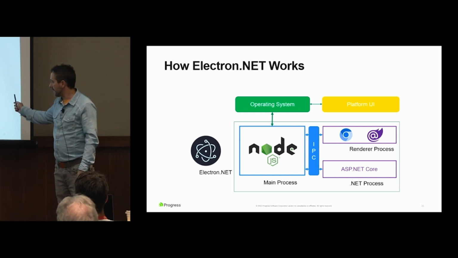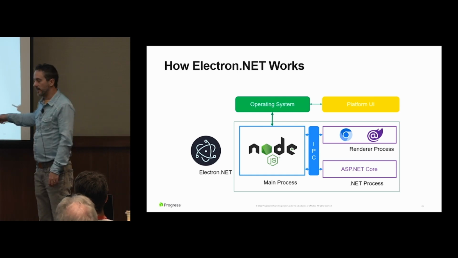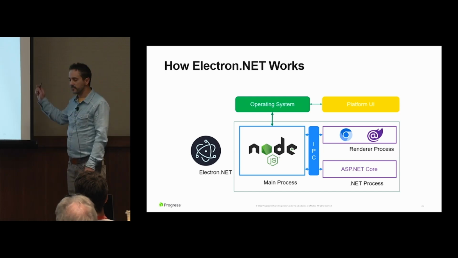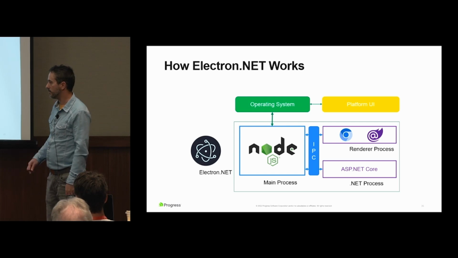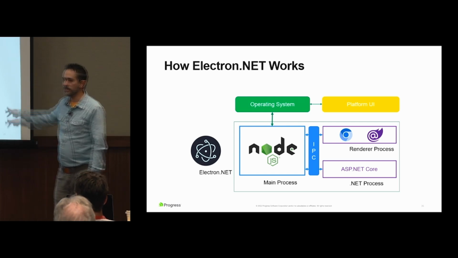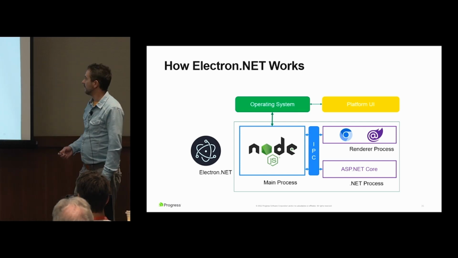And because this is an ASP.NET Core server, we actually have access to Blazor Server. So this is going to render and execute code much faster than a typical Blazor WebAssembly application, because it has these technologies embedded in it. And it also has access to the operating system and some platform UI.